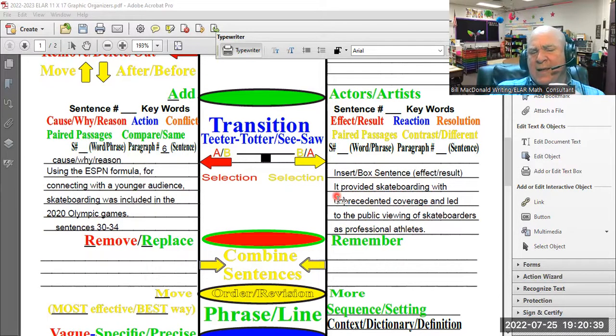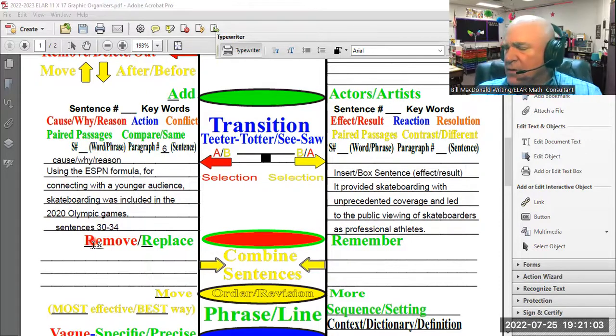Well, what is the "it"? Well, if we look at that sentence that we said it belongs with, using the ESPN formula for connecting with a younger audience, skateboarding was included in the 2020 Olympic Games. That's inside paragraph 6, sentences 30 through 34, and that was sentence 31.